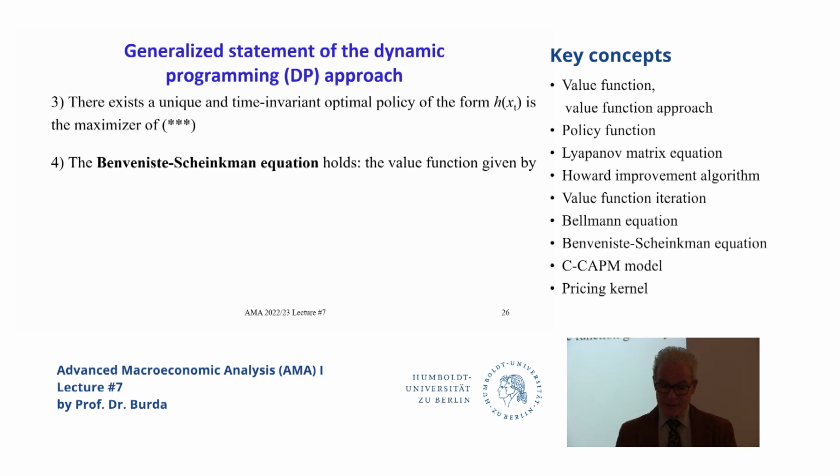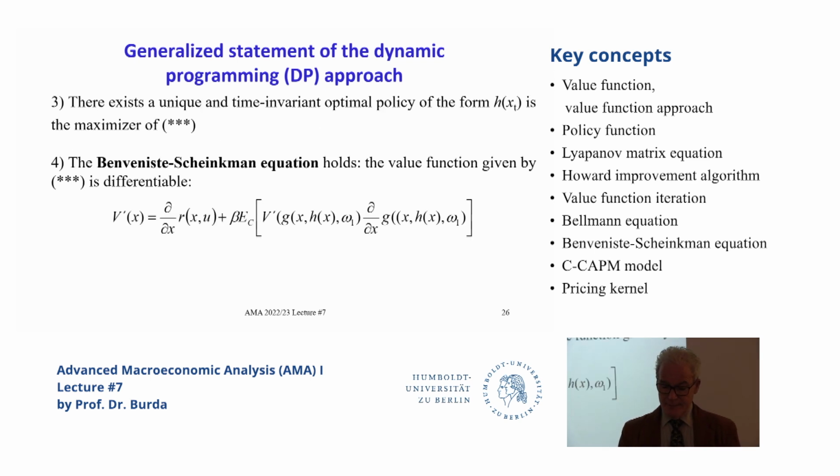And the last result: this function is differentiable. So at all points on this state vector, we can take the derivative of this function and we can write it like this. It's the sum of two parts. It's the sum of the state's influence on today's return. That's the first component. And the second is the induced effect on tomorrow's state by changing today's state. Okay, so you're going to have a discounting effect.